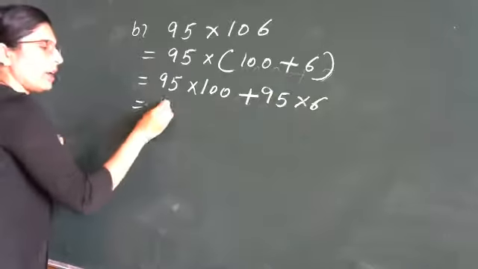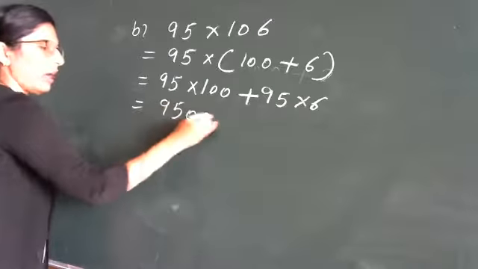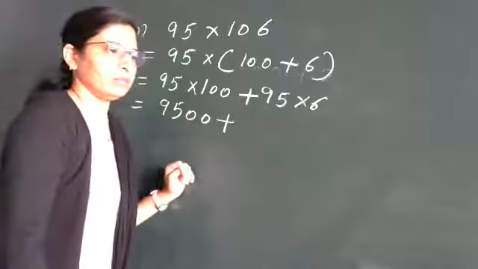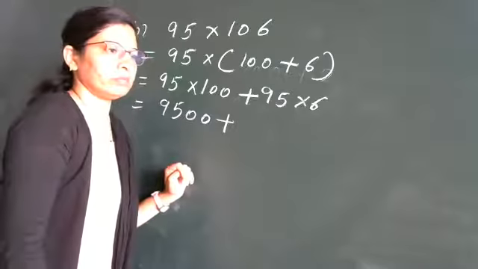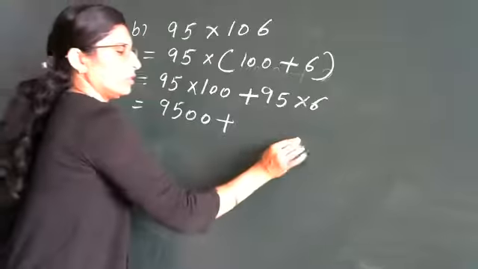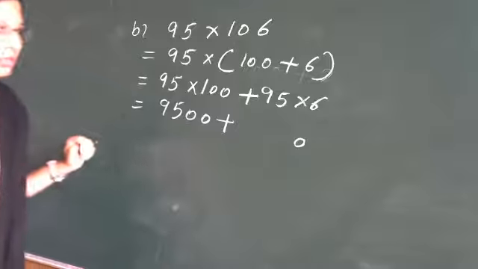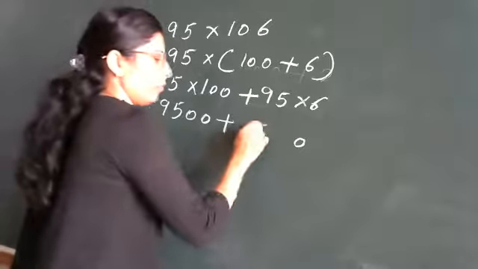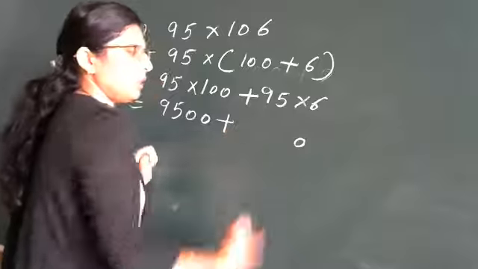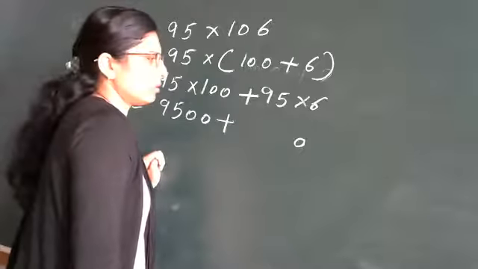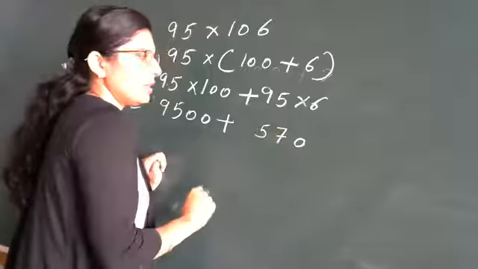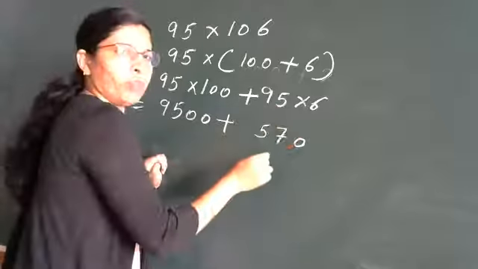Next, 95 into 100 is 9500 plus 95 into 6. 95 into 6, 6 fives are 30, 570.